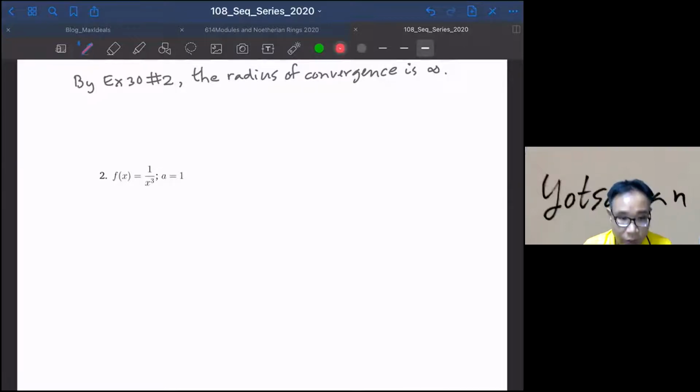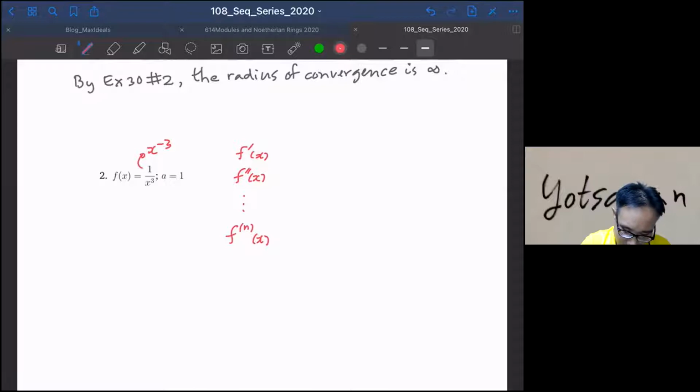So f(x) = 1 over x^3. This is going to be just x^(-3) first. And then you're going to have to find the first derivative, second derivative, until the nth derivative, and you're going to plug in x = a.